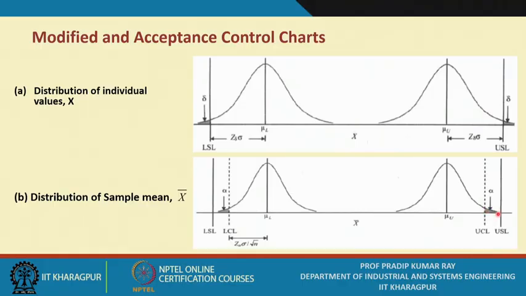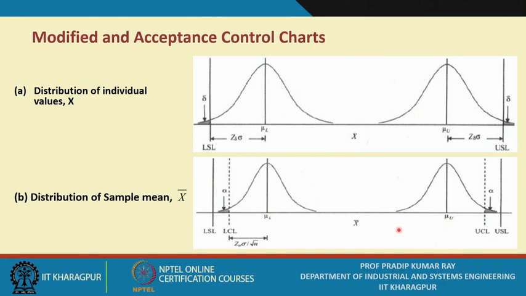So this area under the curve is referred to as alpha, and similarly this area under the curve, when the mean value is at mu L, obviously this area is alpha, beyond LCL. Now what is this distance? That means the standard distance is Z alpha into sigma upon root n. Similarly, this distance will be Z alpha into sigma upon root n.